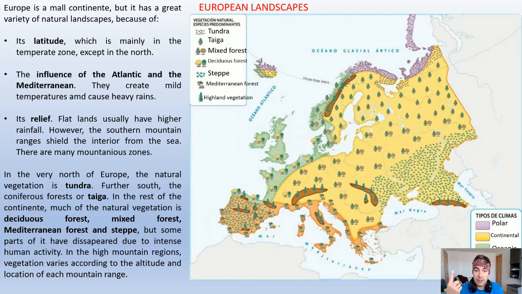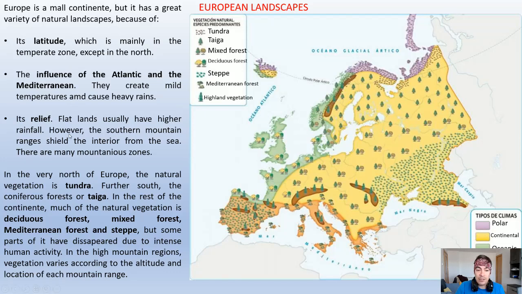The latitude, which is mainly the temperate zone, except the northern part of Europe, which is a polar latitude. Remember that the latitude is the distance to the equator. The influence of the Atlantic Ocean and the Mediterranean Sea, because they create mild temperatures and cause heavy rains. And finally, the relief.